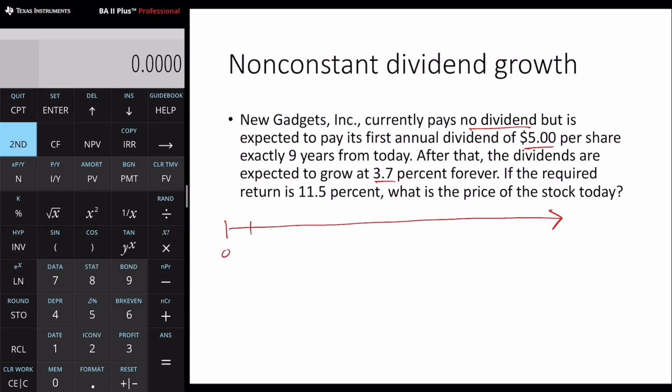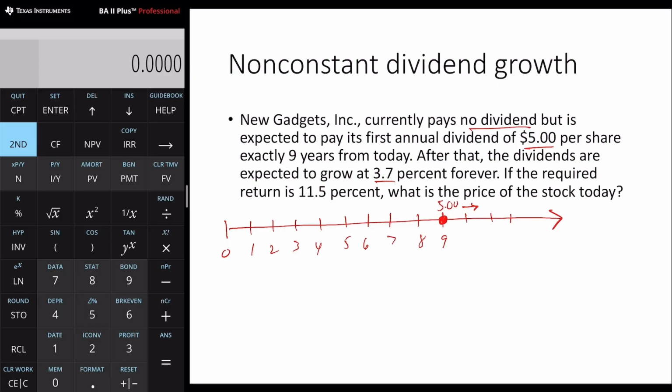So we have 1, 2, 3, 4, 5, 6, 7, 8, 9. Now in the problem, it tells us that the first annual dividend will be paid exactly 9 years from today, which says right here. So at this point, we will start paying $5 per share. And going forward in the future, it will increase by 3.7% forever.